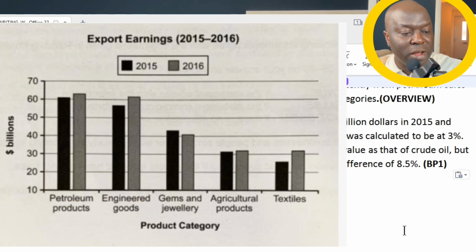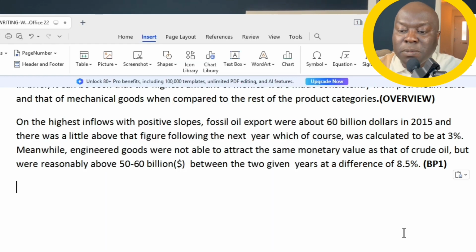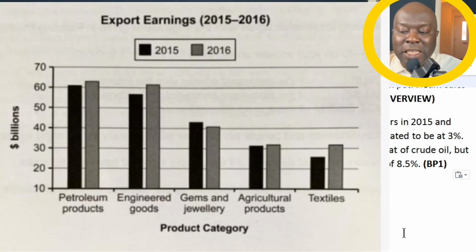Just look at the diagram. The diagram is there showing you. It says the fossil oil exports were about $60 billion in 2015. If you watch, the black bar was around 60 billion in 2015, and there was a little above that figure the following year.